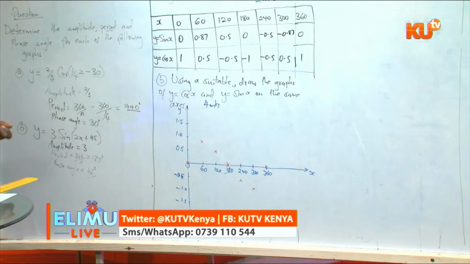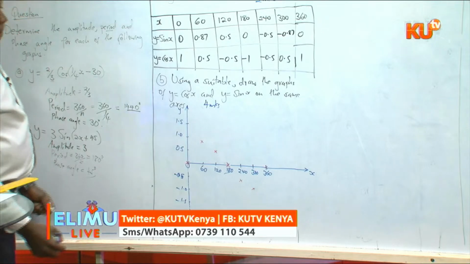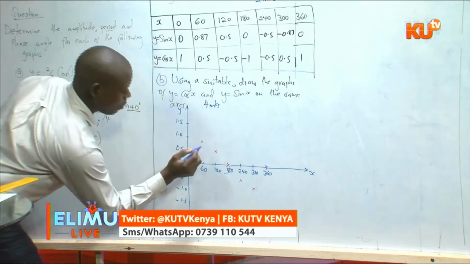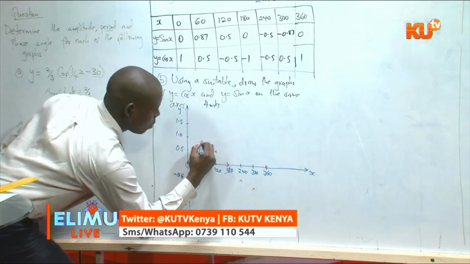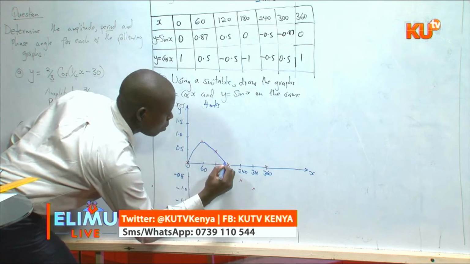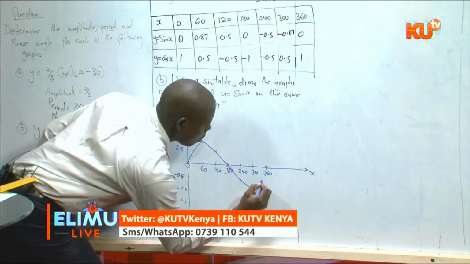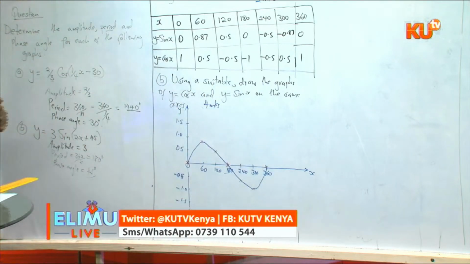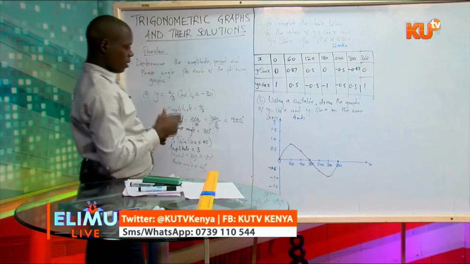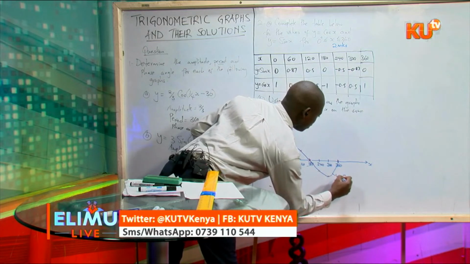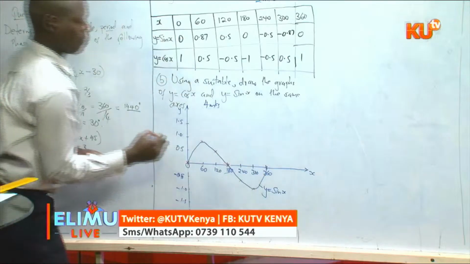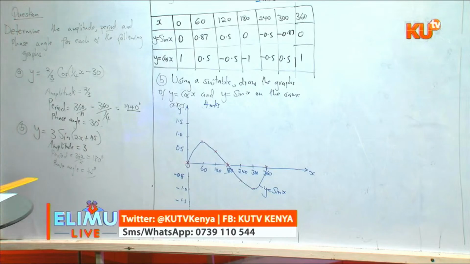And then we need to join them. Ensure you join well at the turning points, because that is what is important. So my curve turns at this point. That is my curve. And then we label it y is equals to sine x.